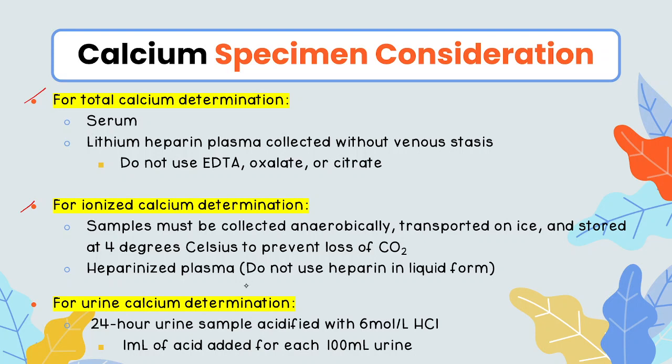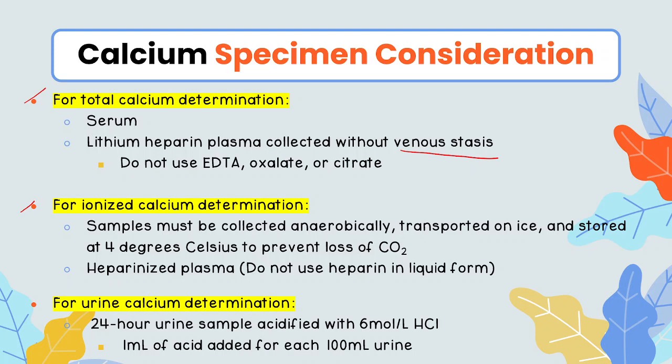So, as you can see here, for your total calcium determination, you can make use of your serum or plasma. Basta pag plasma, kids, the anticoagulant that you need to use is your heparin, and as much as possible, without venous stasis. This venous stasis that we are talking about here is actually related in terms of prolonged tourniquet application, because when there is prolonged tourniquet application, di ba, mas prolong yung pag-stop natin ng ating venous blood flow.